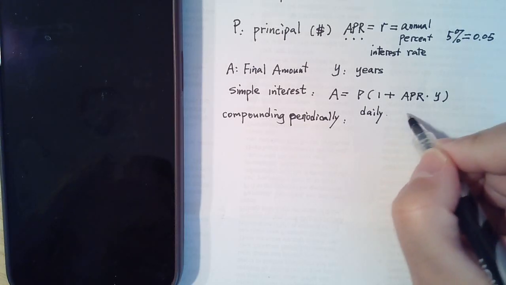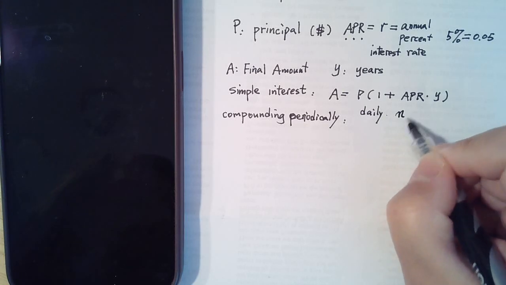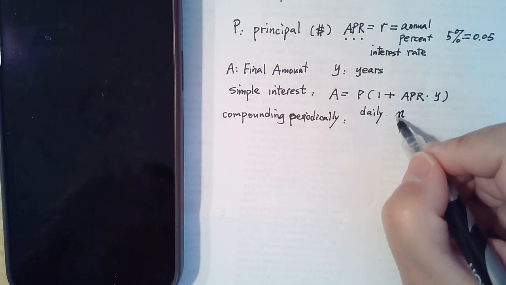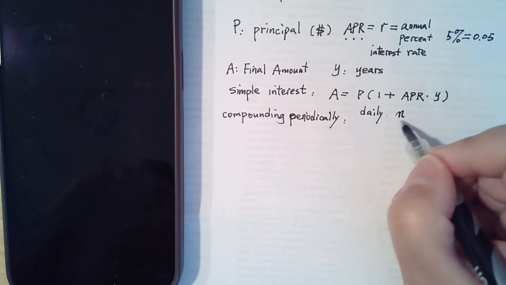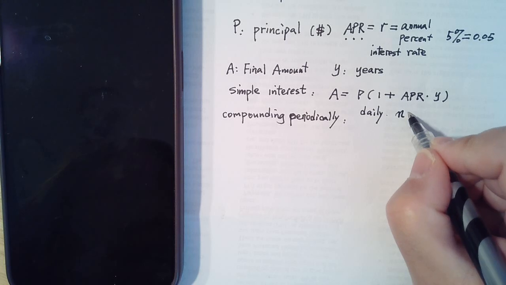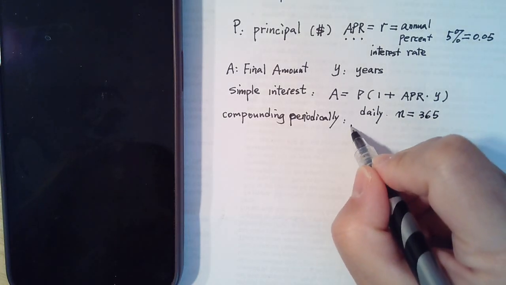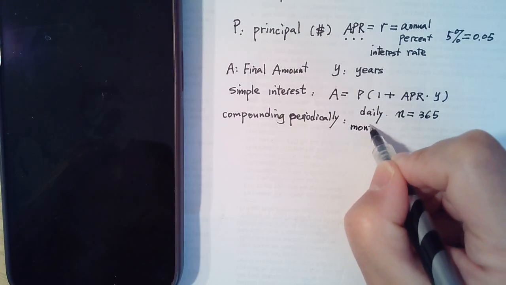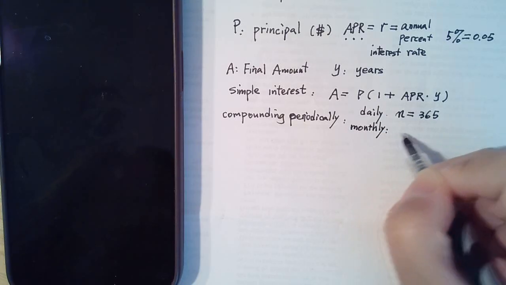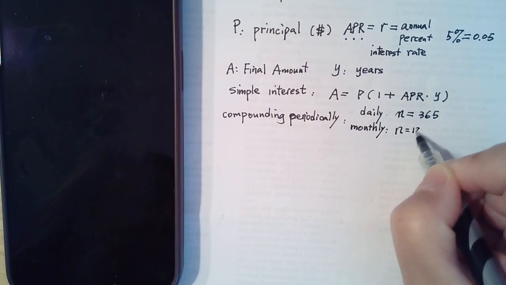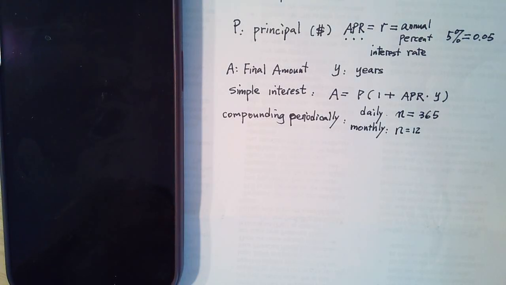So for daily, we use a little n, this n shows the number of compounding periods in a year. So when it's daily, we use 365. When it's monthly, we use n equals 12 because there are 12 months in a year. So this n is a special letter that we always use here.